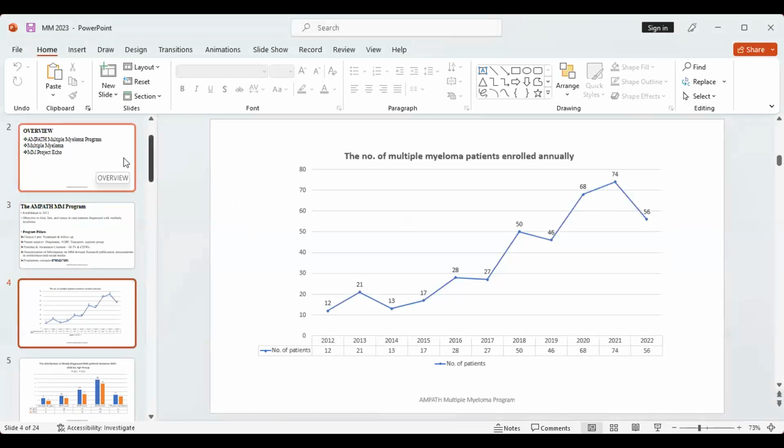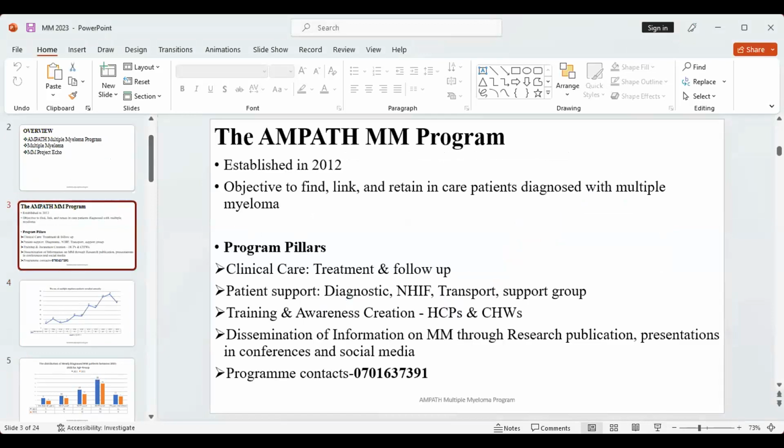Let me try that again. Is that better? Are you able to put it on slideshow, full screen? Sorry about that.